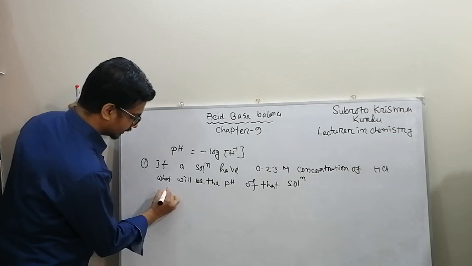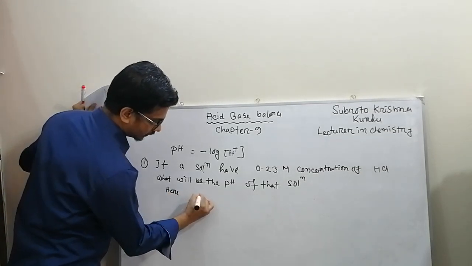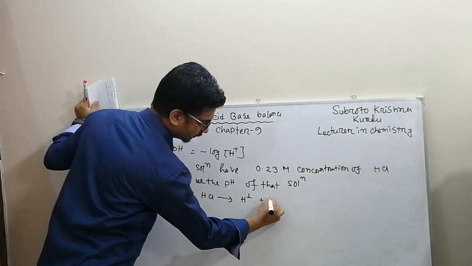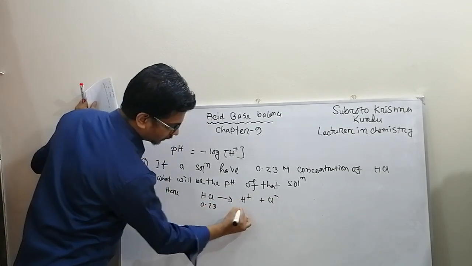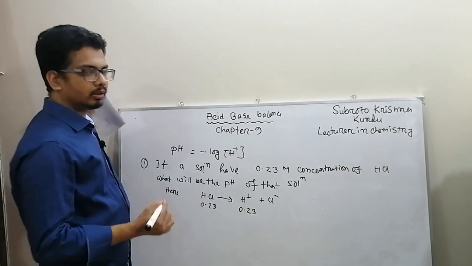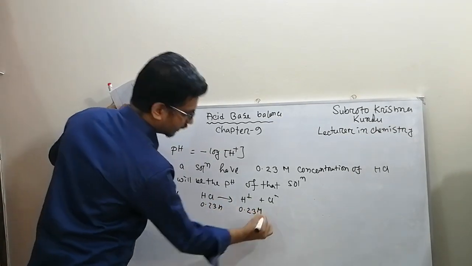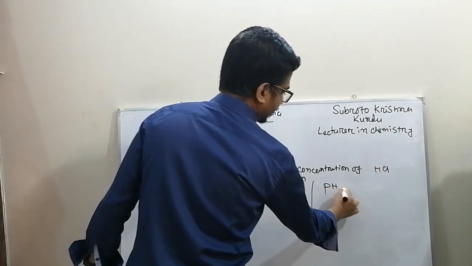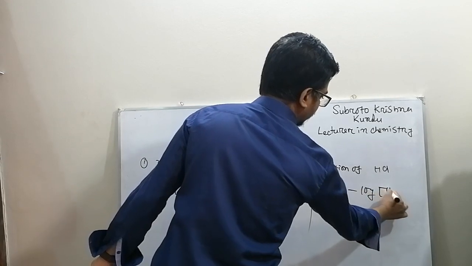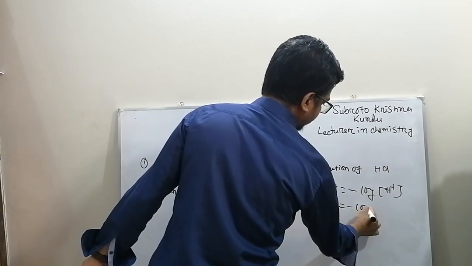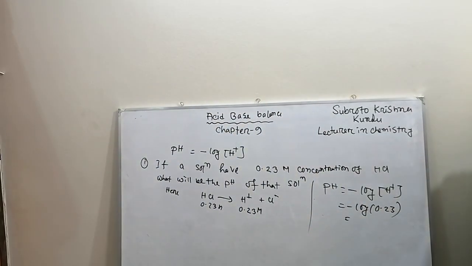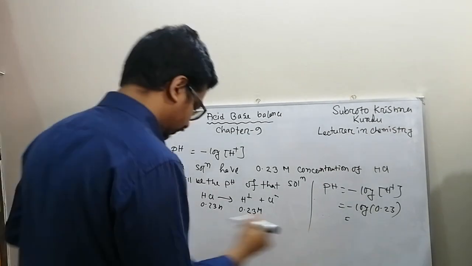So here the concentration of HCl is 0.23, so the concentration of H plus ion will be 0.23 molar. Then pH is equal to minus log H plus, minus log 0.23, and the value will be 0.63.